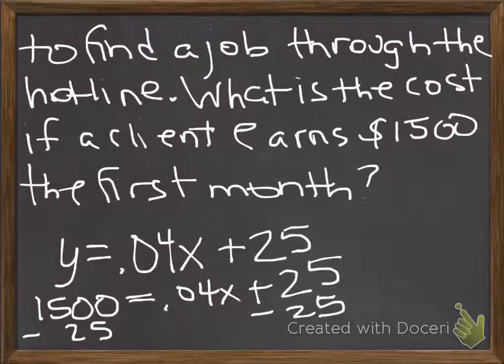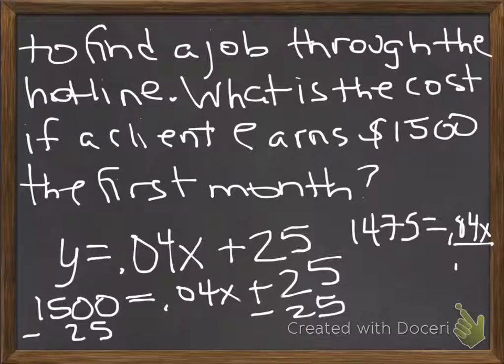So I'm solving for y. We have 1,500 minus 25 is 1,475 equals 0.04x. So we divide by 0.04. Oh, I'm sorry. I completely messed this up. Hold on.